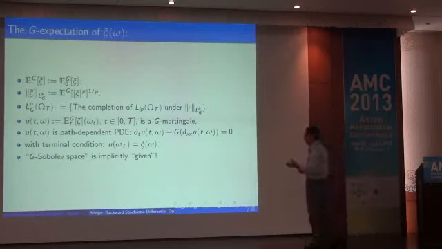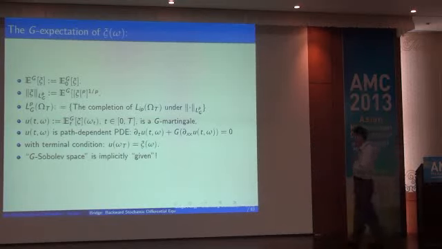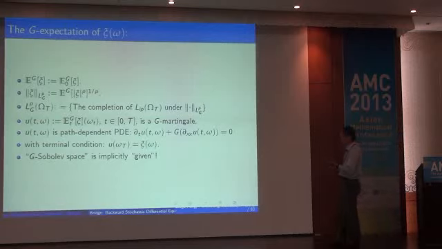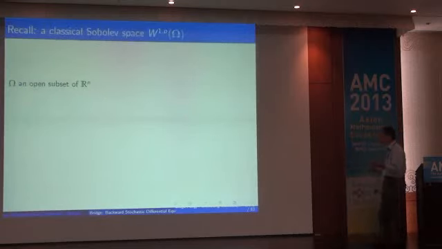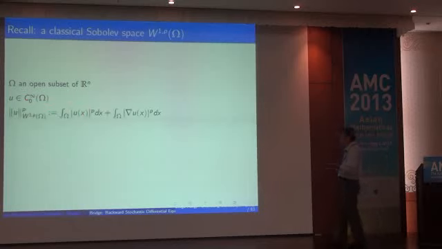In this case, we can see how we can define the Sobolev space. Recall that the classical Sobolev space is given for omega, a subset of Rn, and then u is in C infinity with compact support.